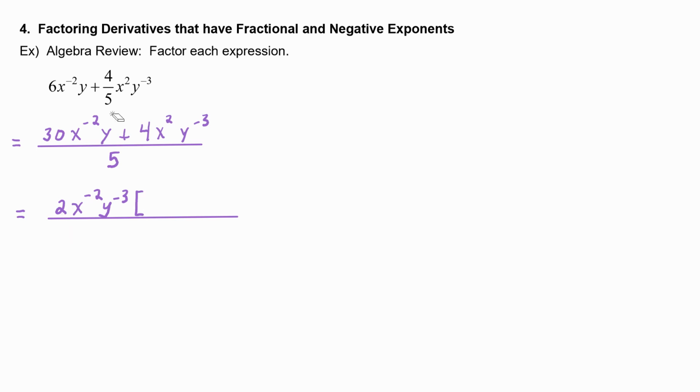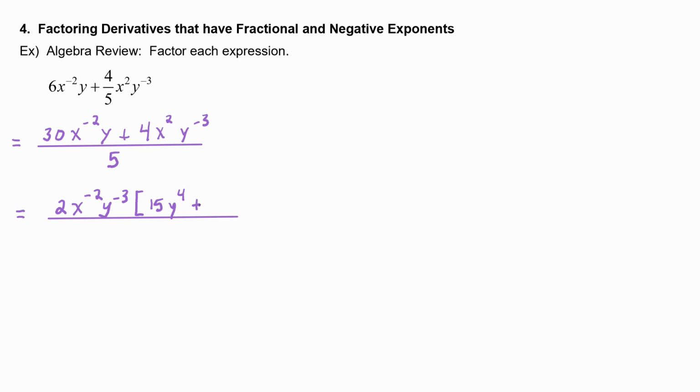Remember, you always have to pull out the smaller exponents. Now all you have to do is see this term divided by this term gives you this term. So 30 over 2 is 15. X to the negative 2 over x to the negative 2 is 1. And y to the 1 over y to the negative 3 is y to the 4th.